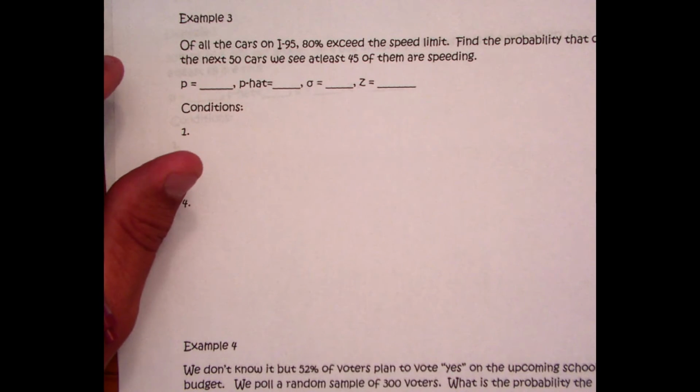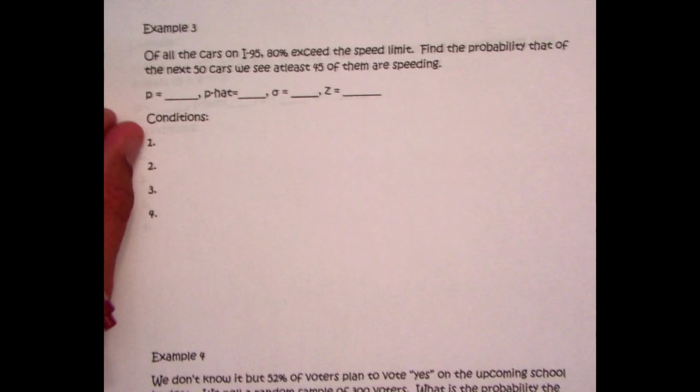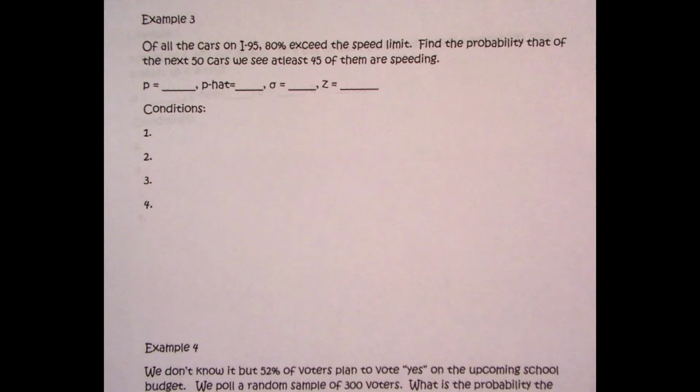Alright, so in example 3 here, of all the cars on I-95, 80% exceed the speed limit. Find the probability that in the next 50 cars we see, at least 45 of them will be speeding. In this case, we do know what P is.